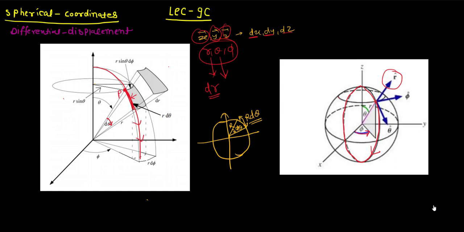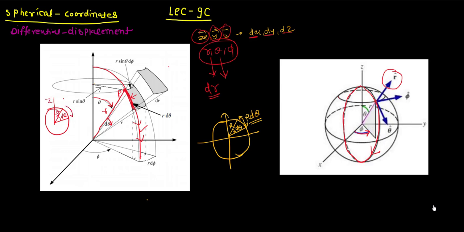Similarly, we have a length r initially, and we are initially at angle theta. From this angle theta, we are moving a very small angle d theta. d theta is very small compared to theta. And as I said, we are moving along this red circle. Initially you are at this point and you move this d theta distance, and initially you are at angle theta from the z-axis.